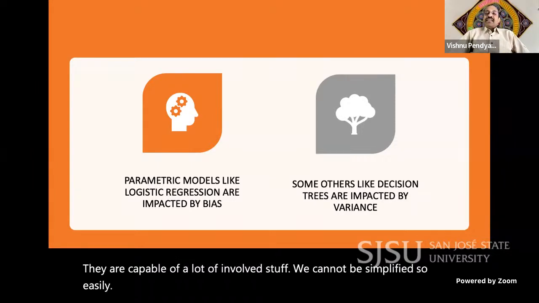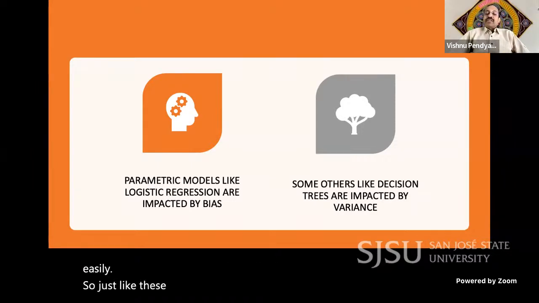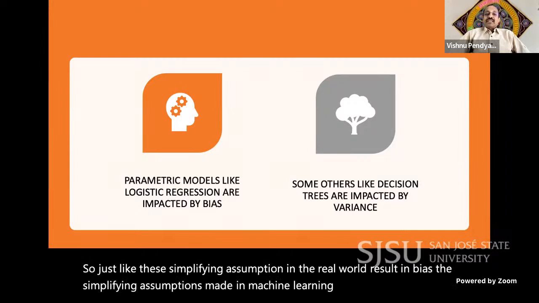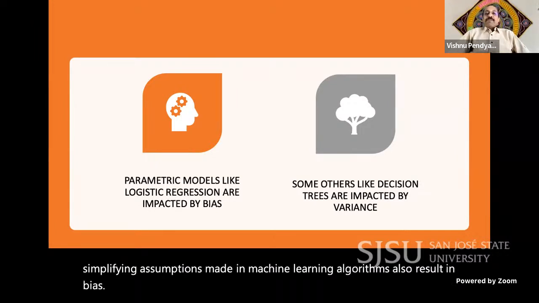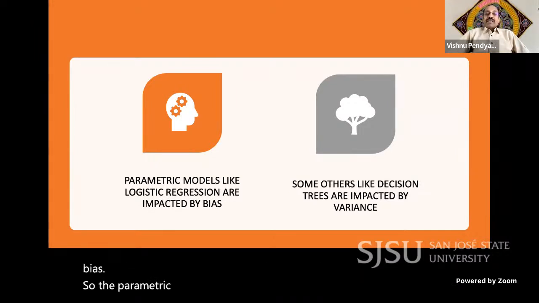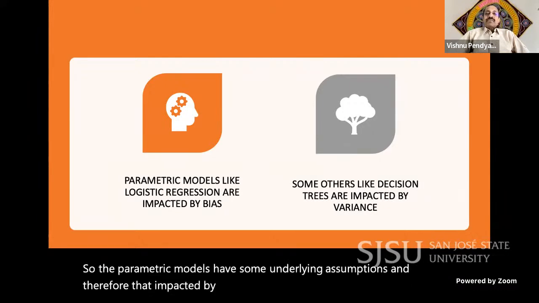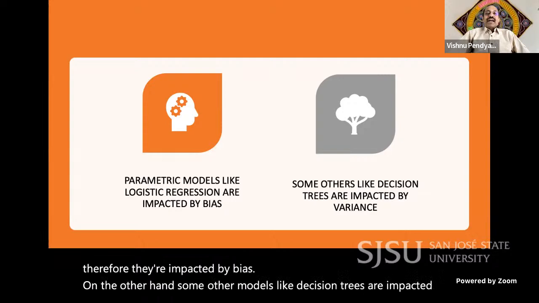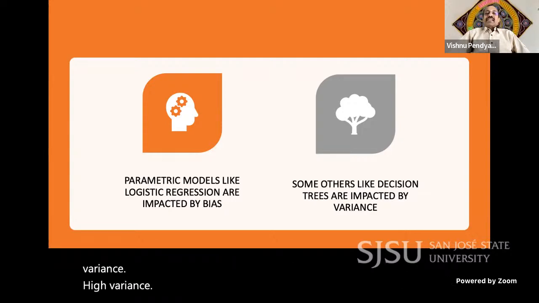So just like these simplifying assumptions in the real world result in bias, the simplifying assumptions made in machine learning algorithms also result in bias. So the parametric models have some underlying assumptions and therefore they're impacted by bias. On the other hand, some other models like decision trees are impacted by variance, high variance, right?